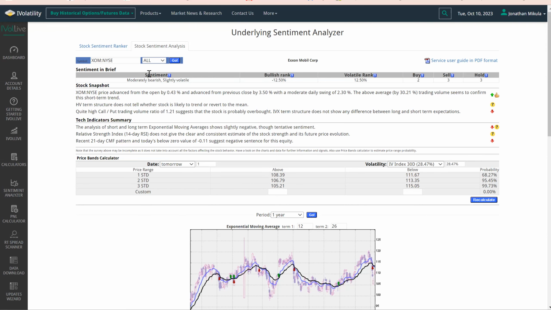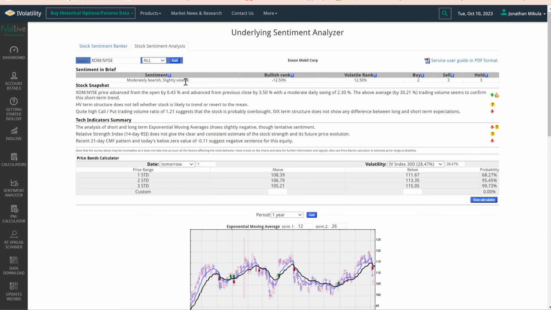Again, this is like a Goldilocks scenario. It's not too hot, not too cold. We also have our bullish rank. The bullish rank runs from 100%, which would be absolutely bullish, a roaring bull market, to minus 100%, which would be absolutely bearish. Anybody that's heard me talk about these before knows I like to be somewhere in the middle.